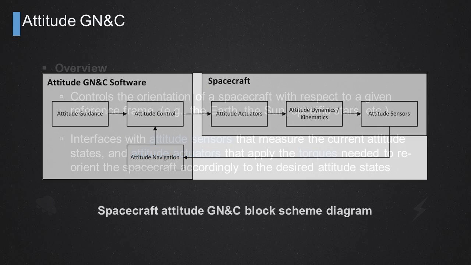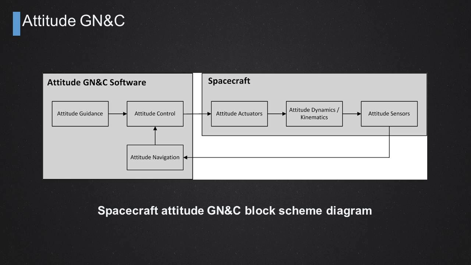So that's the typical spacecraft attitude GN&C block diagram, where you see the interfaces between the attitude GN&C software and the actual spacecraft. The output of the attitude control function is the required torques to be applied by the attitude actuators on board the spacecraft, and the attitude sensors measure the current attitude and the current angular velocity of your spacecraft, feeding this back into the attitude navigation filters on board the attitude GN&C software.